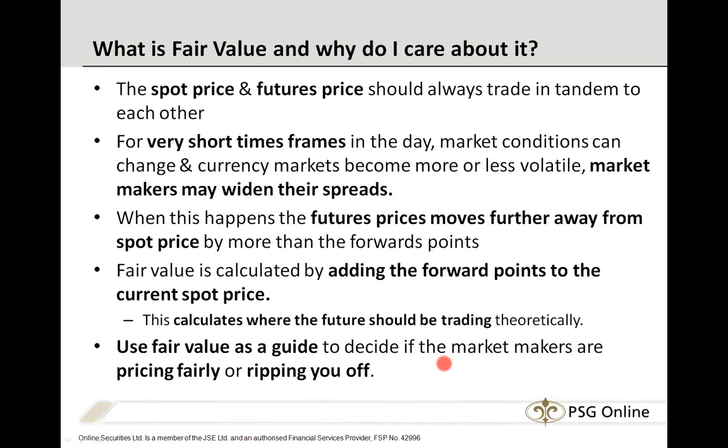Okay. So sometimes you might find that for very short periods of time during the day, things can change. Currency markets can move, can be more or less volatile. So the spreads might widen, but remember the spot and the futures price should be moving up in tandem. Okay. So sometimes they might move away, but they come back together very, very quickly.